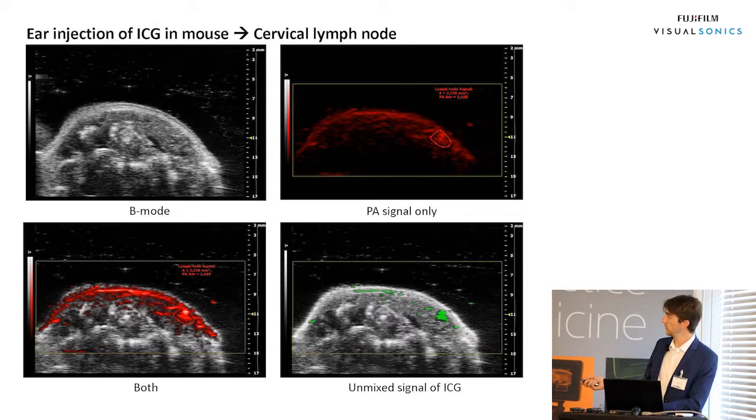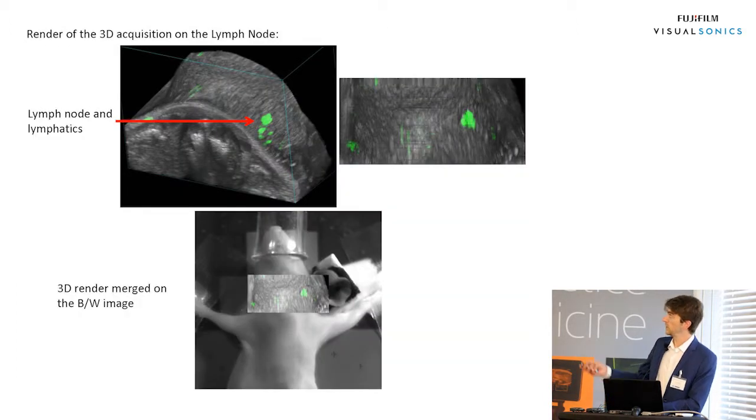And when we are using the unmixing tool, you can have this lymph node highlighted with ICG. This is a different view, a 3D render showing the lymph node and lymphatics. And here is a merging of 3D render on the black and white image.